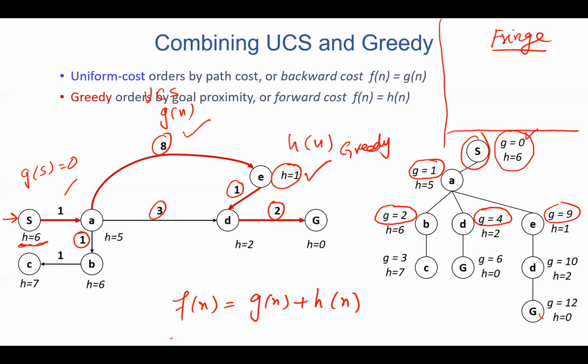H is 1. And then from E, it can only go to D. And then from D, it can go to G, the goal state. But the problem is, we only looked at the future cost. We haven't seen what the arc cost is, how much it is going to cost, or how far node E is, or on this route, how much traffic there is, or if there are any lanes that are closed.